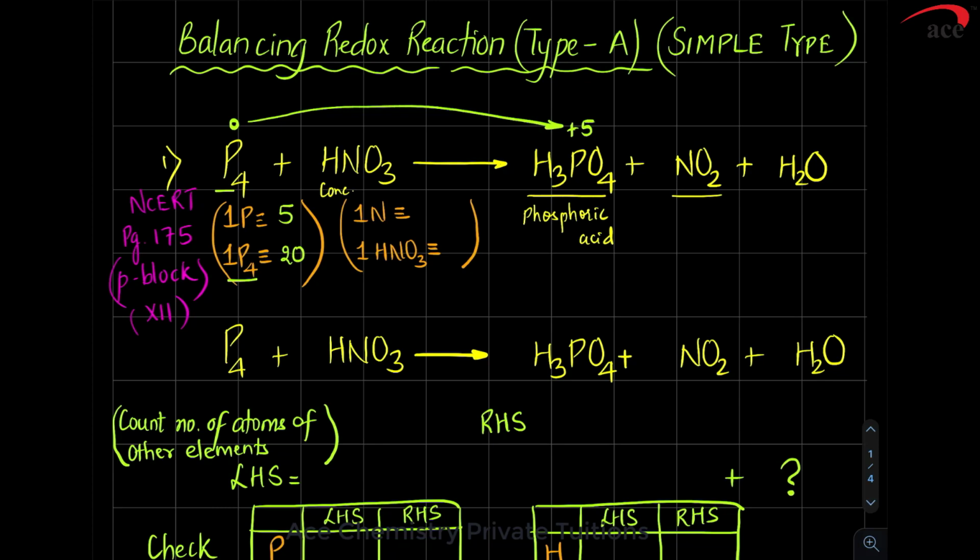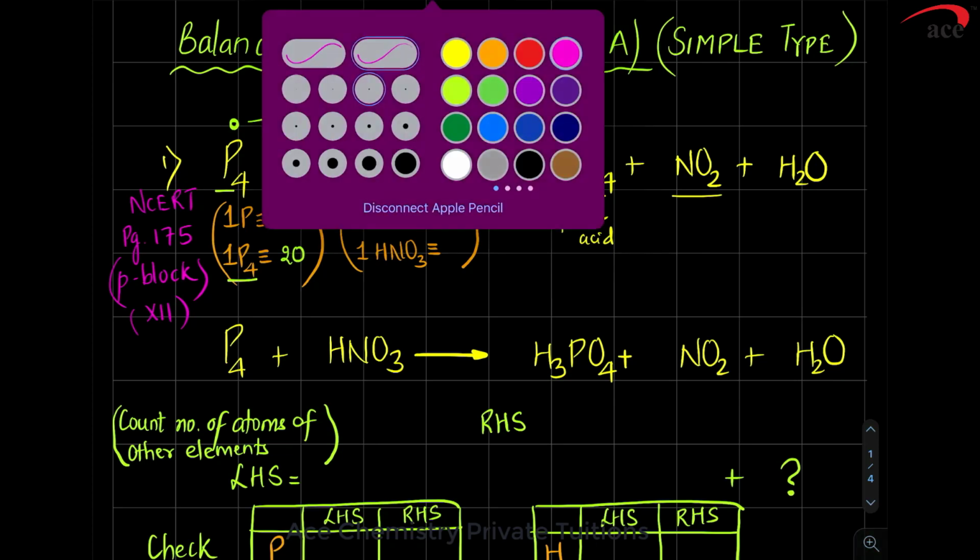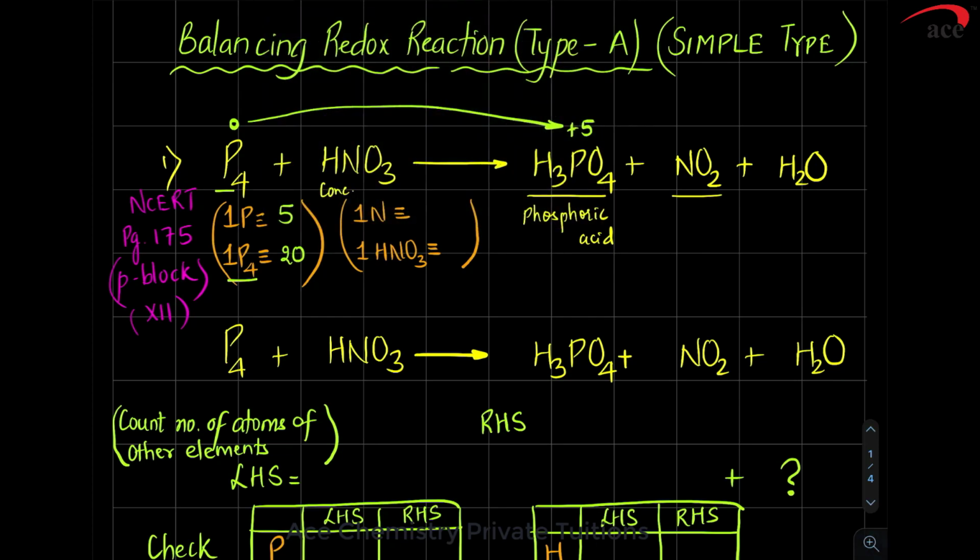Similarly for nitric acid, the oxidation number of nitrogen in nitric acid is +5 and nitrogen in NO2 is +4. So, it is going from +5 to +4, a change by 1 for one nitrogen.